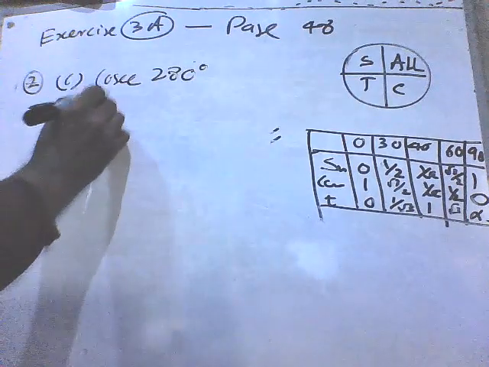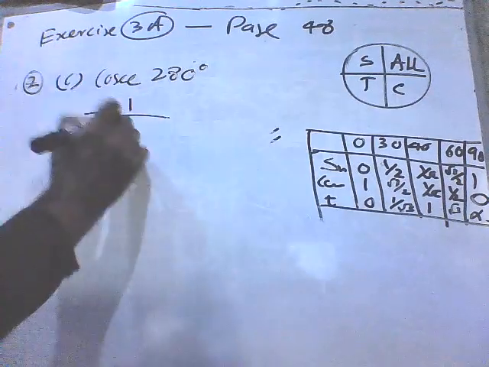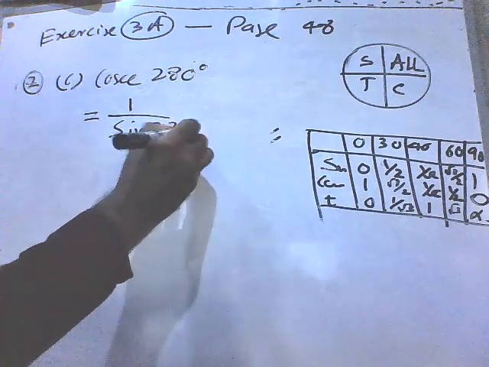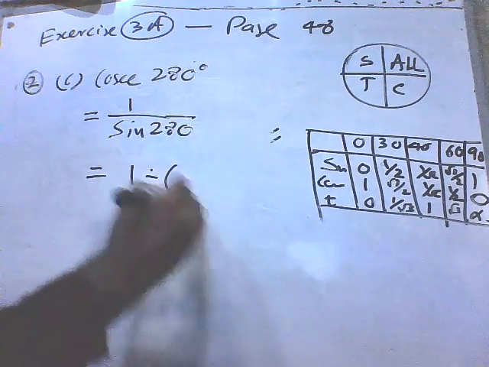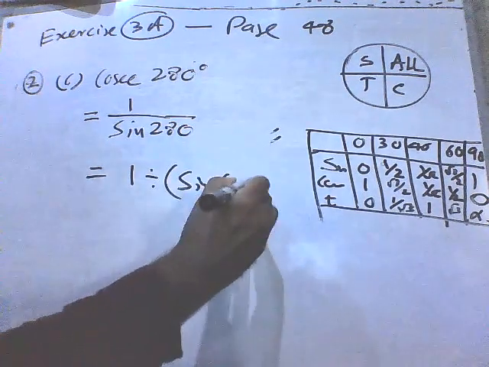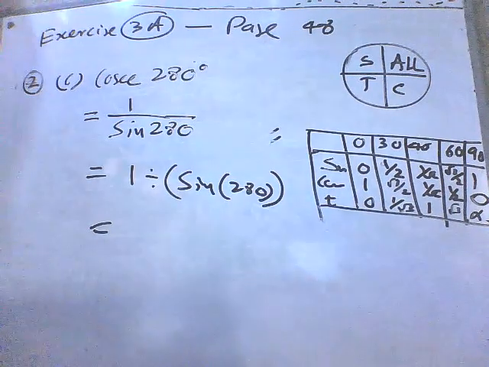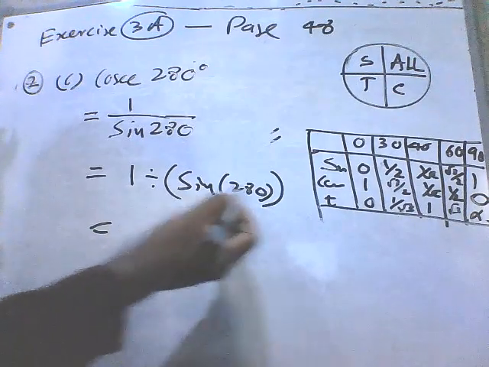So what you should do is, cosec means the other one, opposite: if sine is opposite over hypotenuse, cosec is hypotenuse over opposite, so 1 over sine 280. So in your calculator you put 1 divide by sine 280, that's all. Then it will give us the value.